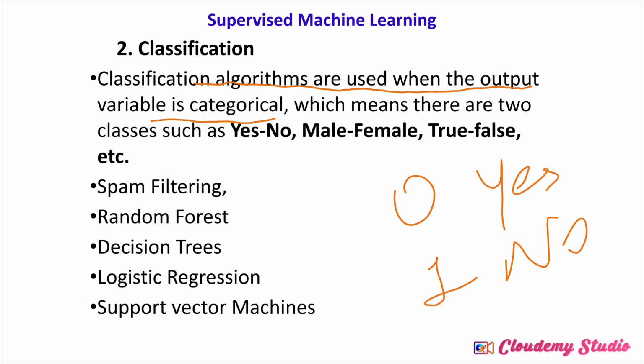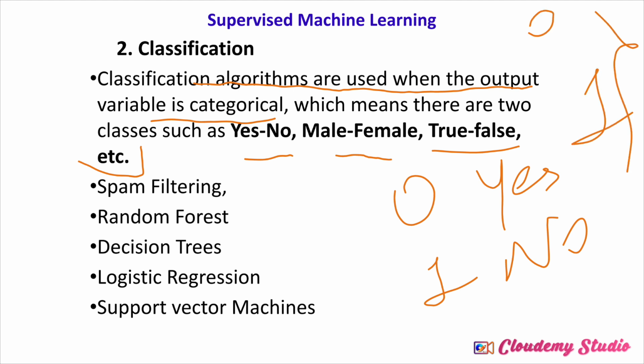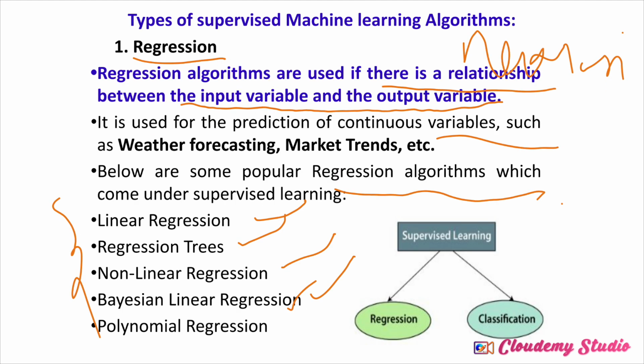If we want to do the classification in the form of yes, no, male, female, true, false, where we need a 0-1 relationship, then we will use the classification algorithm. And if we want the result in the form of a numeric digit, like for market trends, weather forecasting, price increase, price prediction, there we will use linear regression.